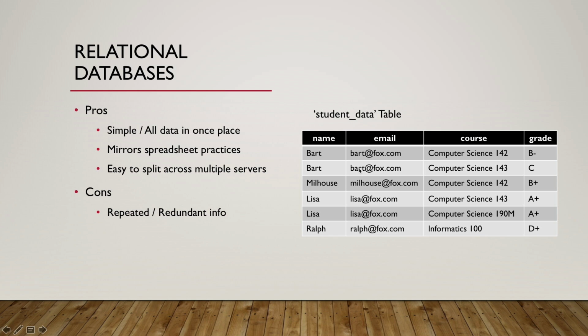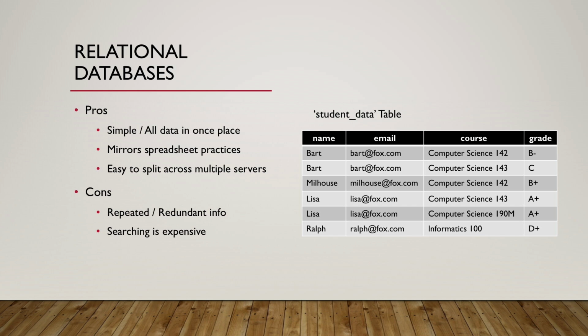Maybe more reasonably, he changed his address to bartman@fox.com. And if he did that, we'd have to change both of these. So redundancy or repeated information makes something harder to maintain and creates the opportunity that errors will sneak in as the data evolves over time.